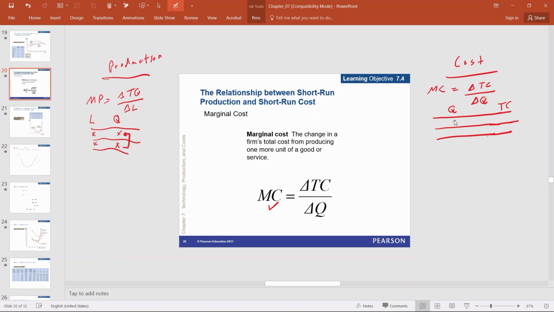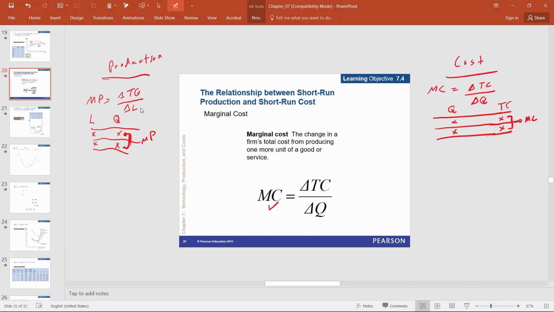So from one production level to another, the difference between the total cost levels is marginal cost, and the difference between these two levels here is marginal product.